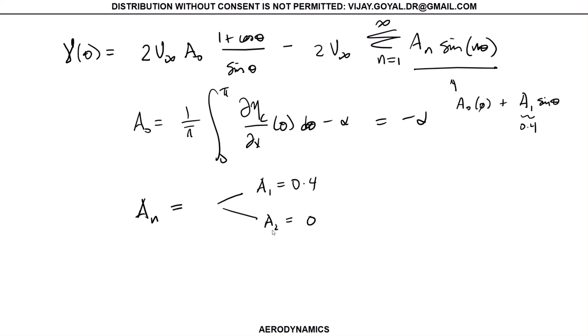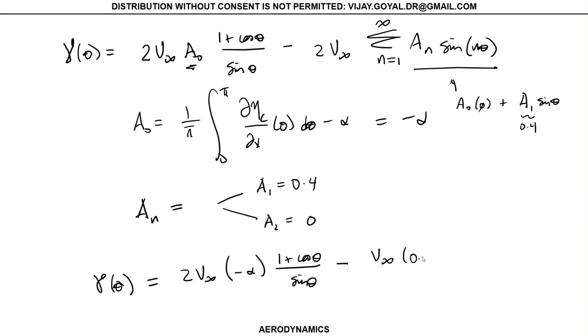And this is also equal to minus alpha. So if I did the whole thing and you replaced everything inside here, you find that this is equal to 2 v infinite times minus alpha, 1 plus cosine of theta over sine of theta, minus v infinite times 0.4 times 2 sine of theta, and then for convenience we can divide everything by v infinite on both sides.